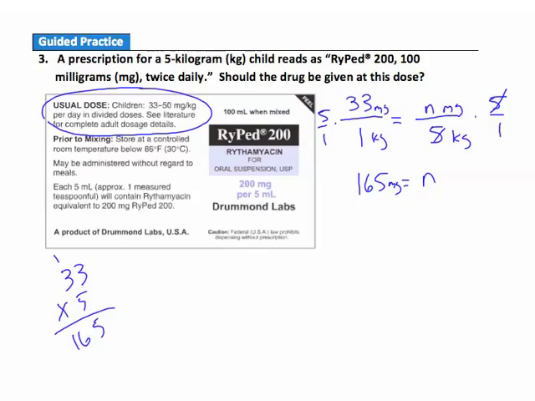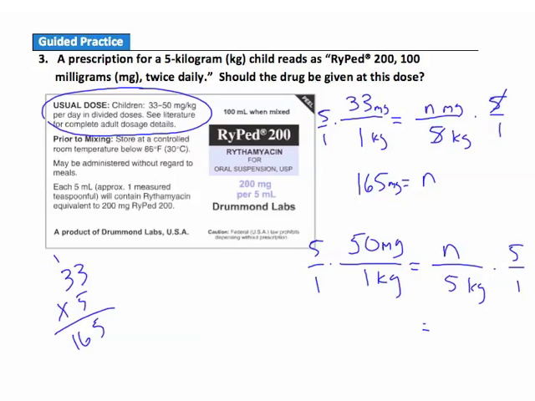Now let's check the high end of things, 50 milligrams per kilogram. And again, we're still working with our 5 kilogram child in this problem. Okay, so again, we're going to multiply by 5 over 1 to get n all alone. On the right side, the 5s divide out, leave us with n.